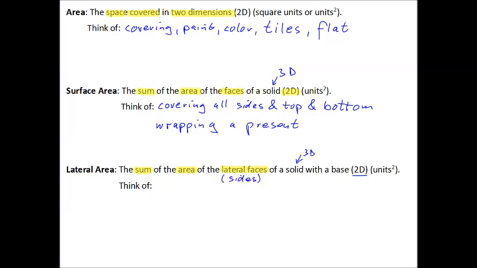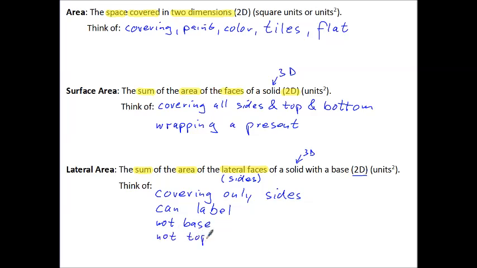So I want you to think of covering only the sides, like, for example, the label on a can. We're not covering the base, and we are not covering the top or the bottom. Lateral means just covering the sides.